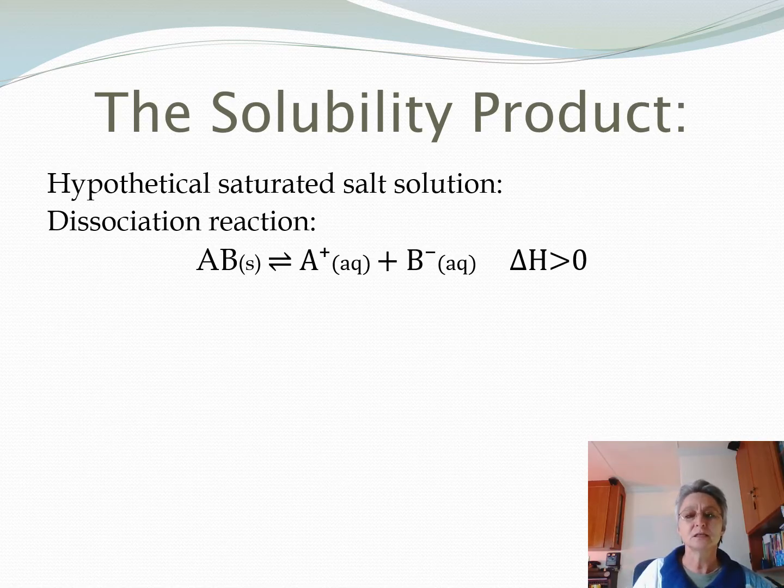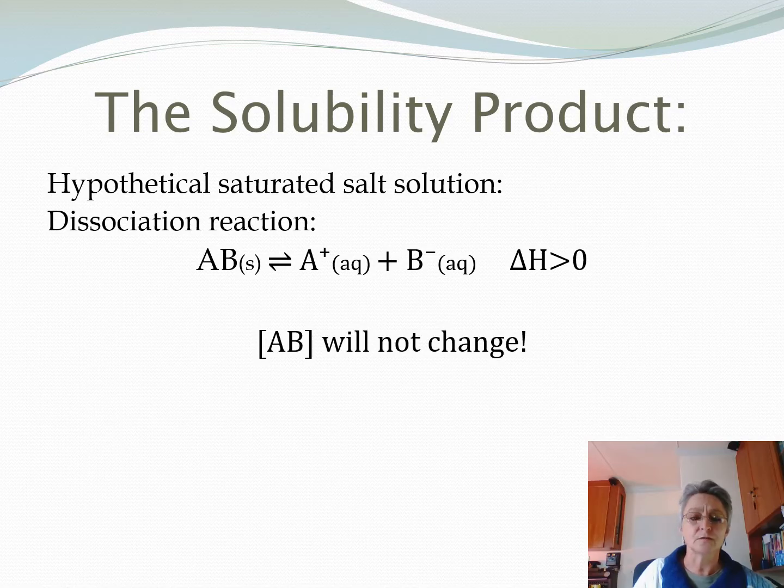So the Kc for this process will only depend on the concentrations of the cations and the anions, because AB is a solid, so the concentration of AB can't change.